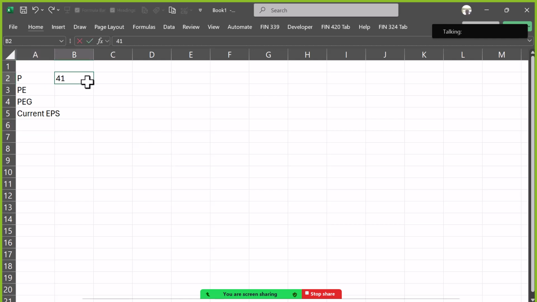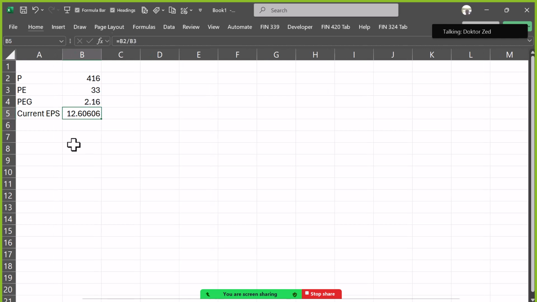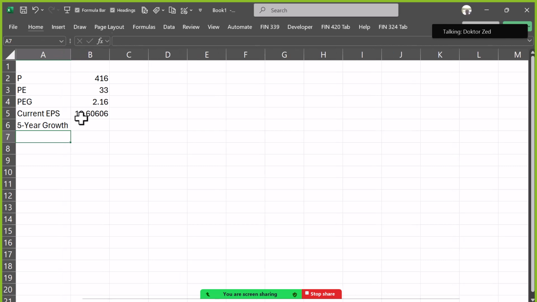So 416. Current EPS is price divided by PE. 5-year growth is PE divided by PEG.